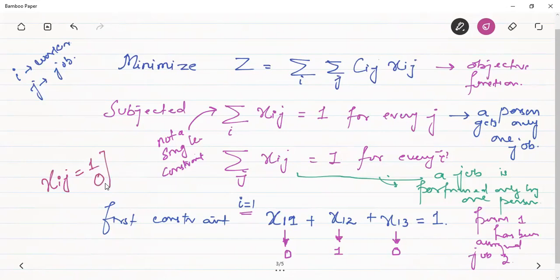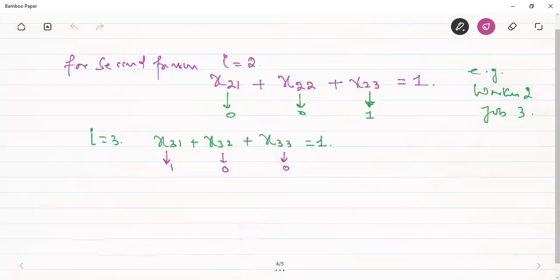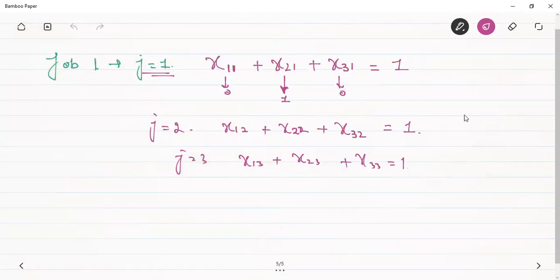So the order of the assignment problem, suppose in our case I have taken an assignment problem of order 3, then that many decision variables will have the value 1. Only those decision variables have value 1. What does this mean? If n is equal to 3, that is, the order of the assignment problem is 3, n equal to 3 means we have 3 jobs and 3 workers.